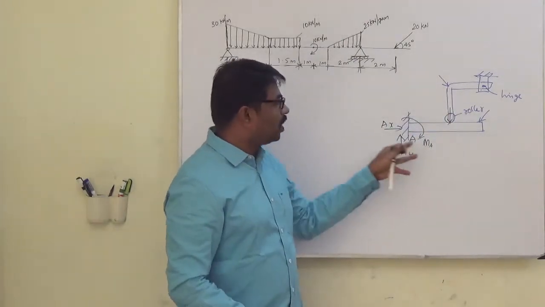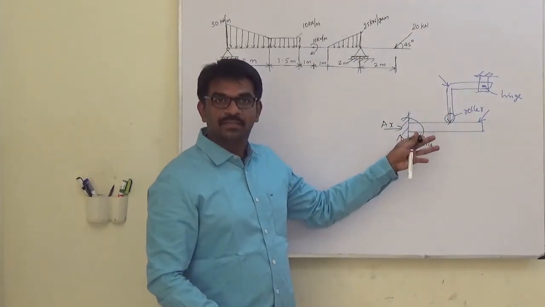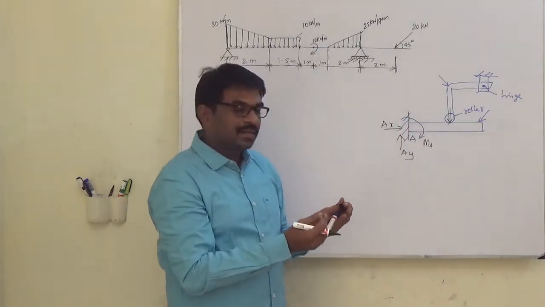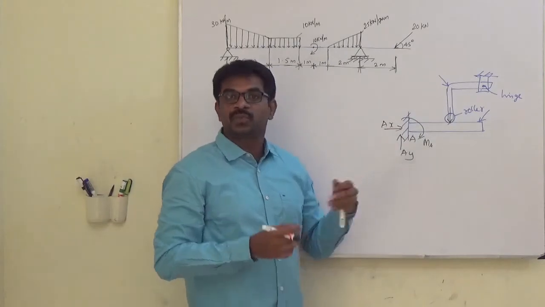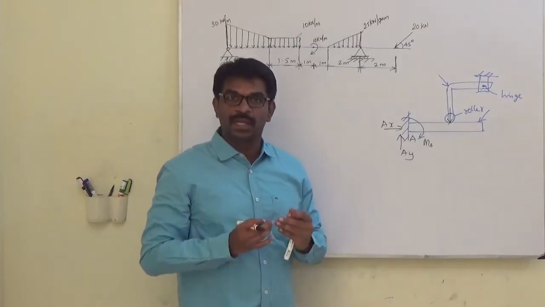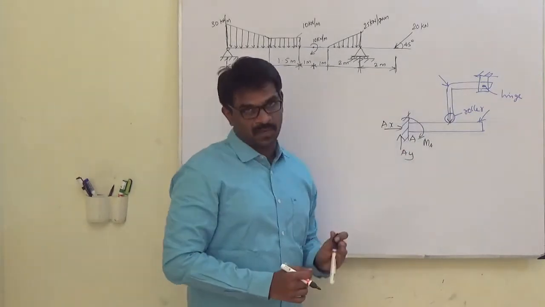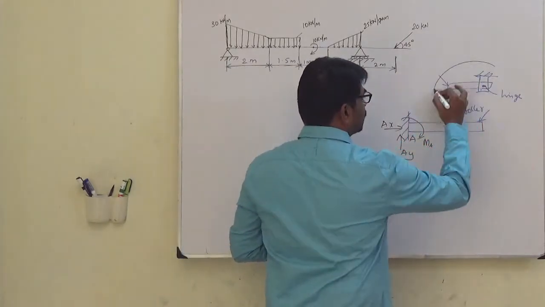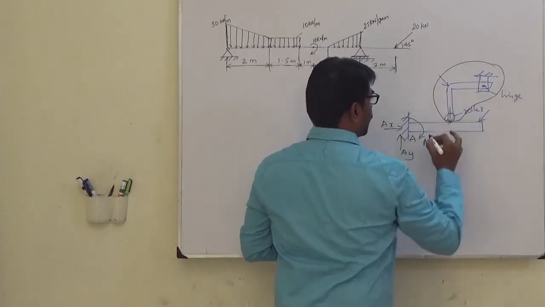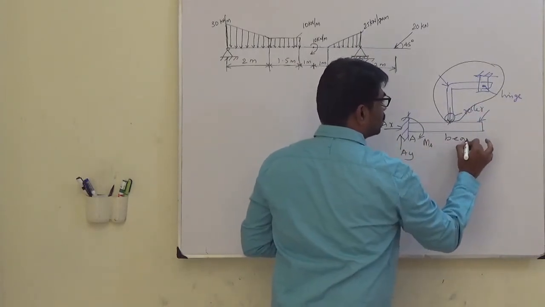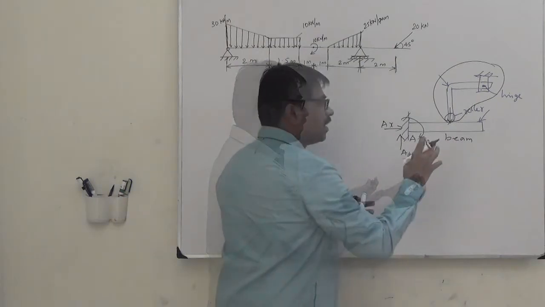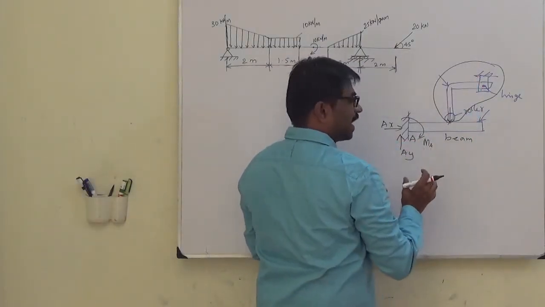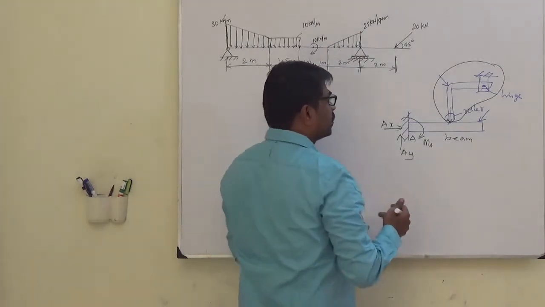Now, if you consider this as a single rigid body, then we will have 4 unknowns, which we cannot solve using equilibrium equations for a planar problem. So what we have to do is consider this as a separate body and the beam as a separate body. If I isolate this first and this second, then I will be able to solve this problem.